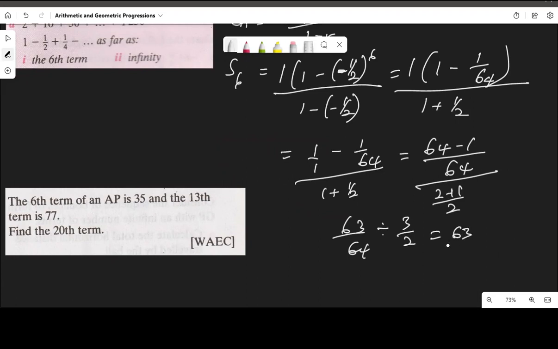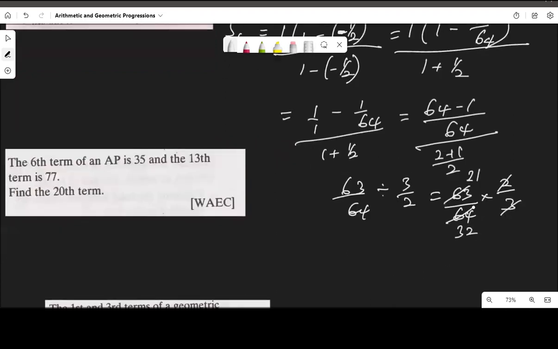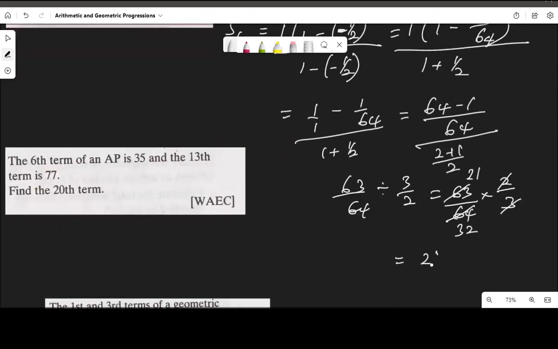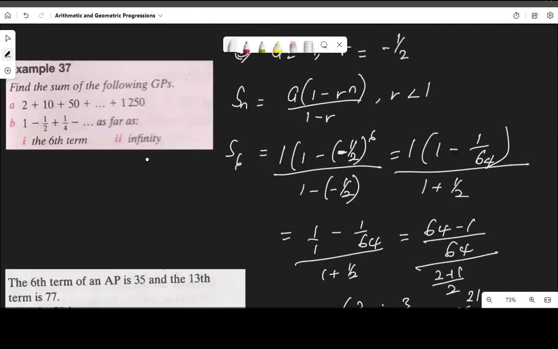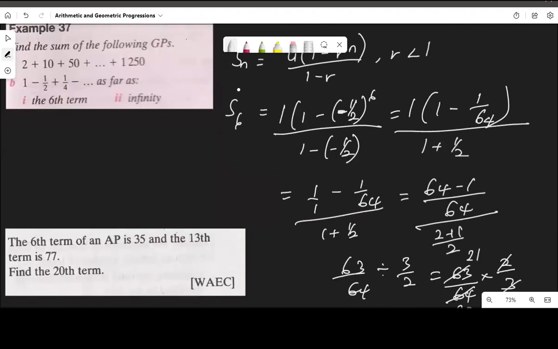It becomes 63 over 64 multiplied by 2 over 3. When one fraction divides another fraction, the sign of division will change to multiplication, and they will multiply by the reciprocal of the second fraction. 2 here 1, 2 here 32, 3 here 1, 3 here 21. So we have 21 over 32. So our answer here, 21 over 32, is the sum of the system of this GP.